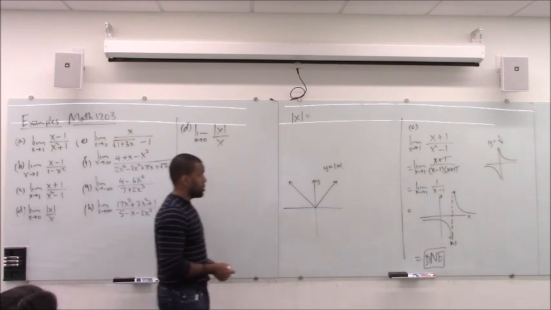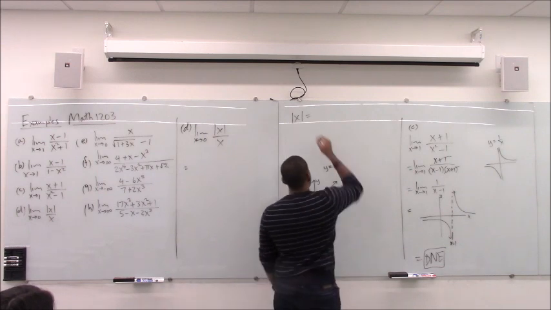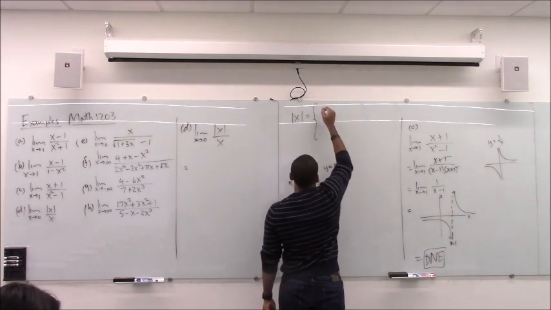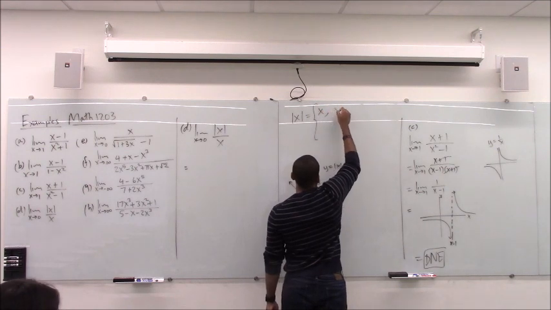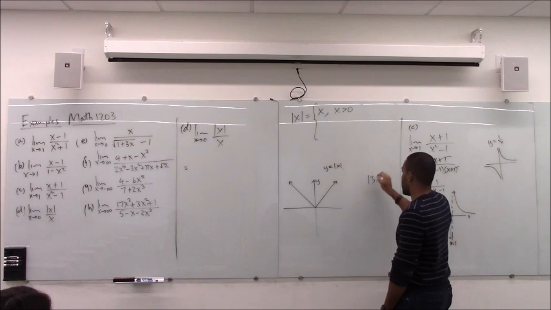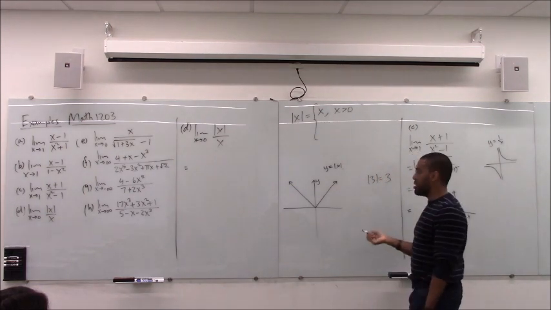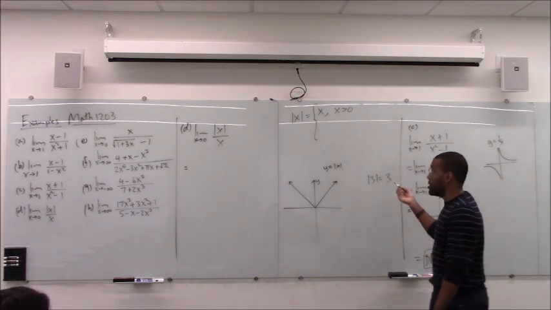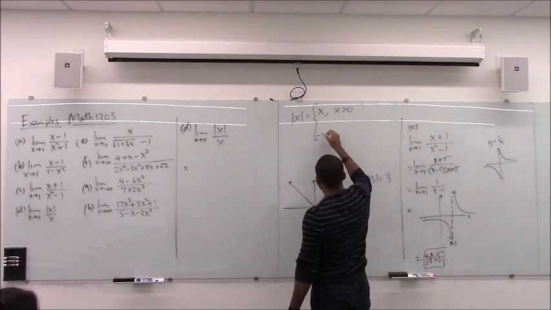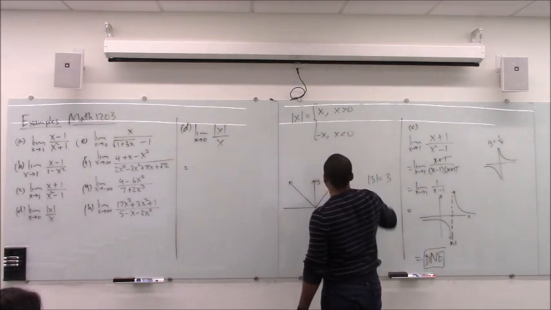So you should know what absolute value is as a formula. It's actually a piecewise function. It just gives you x if your x is positive. So if you have the absolute value of 3, it just gives you back 3, exactly what's inside the absolute value if it's already positive. It gives you negative x if your x is negative.